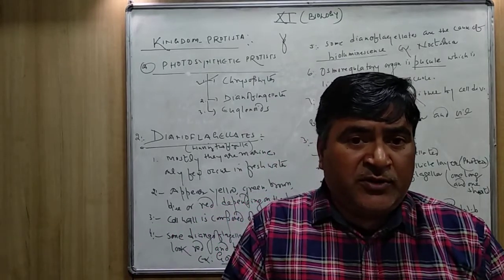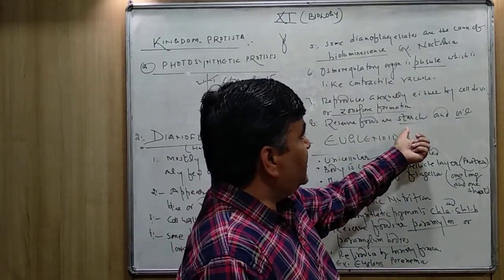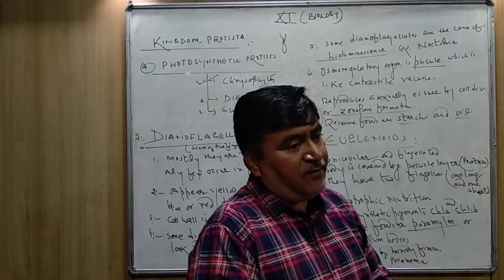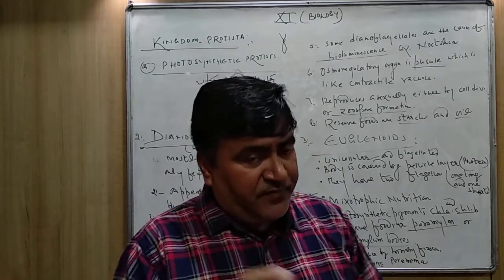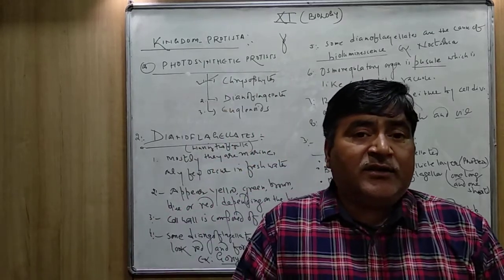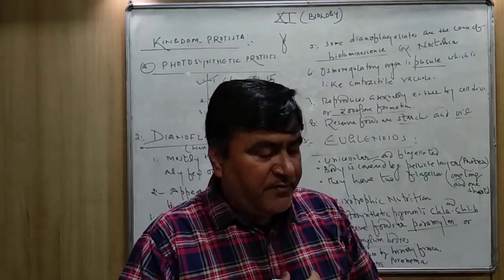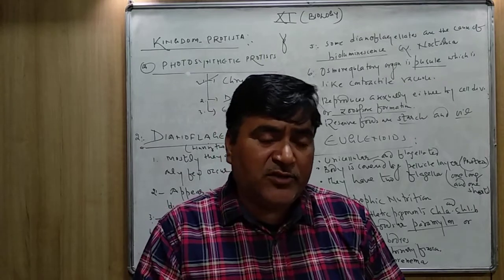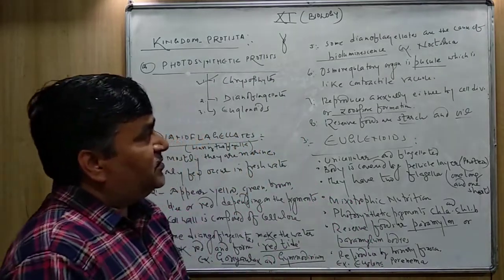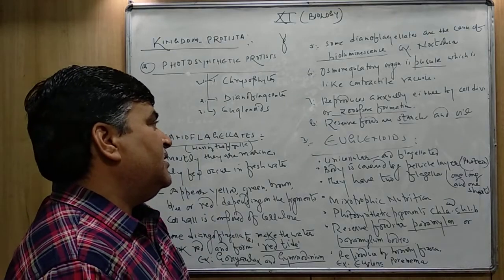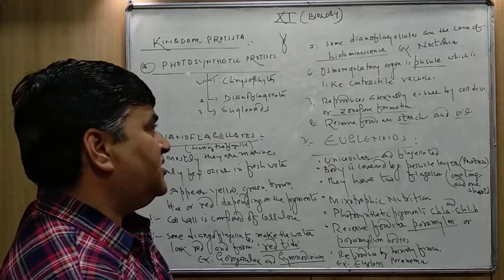And in which form is the food stored? In the form of starch or oil. As you know, in all angiospermic plants, the reserve food material is starch. The reserve food material of the human being is glycogen. The same as that, the dinoflagellates also reserve their food in the form of starch or oil.